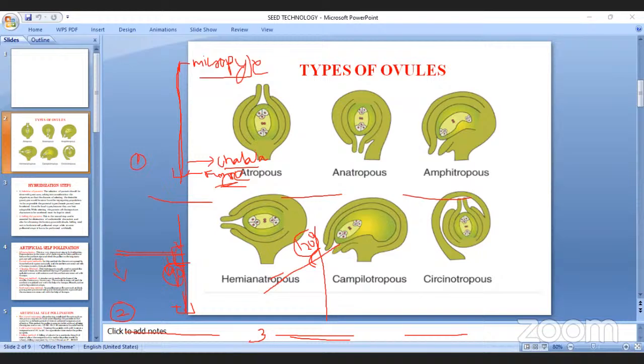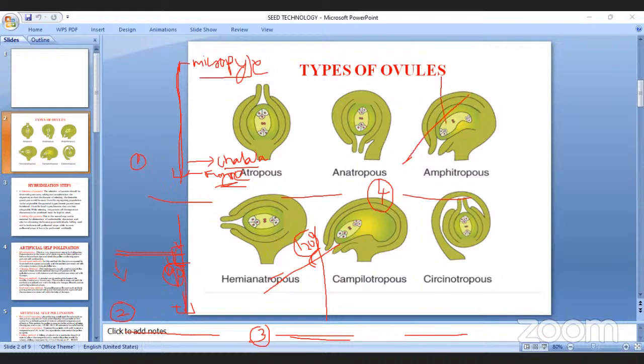And amphitropous ovule after the third one. Now the fourth, these are the steps. Fourth one, amphitropous. You can imagine what happened in amphitropous. This amphitropous evolved from the campylotropous ovule, where the micropyle reaches somewhere down.